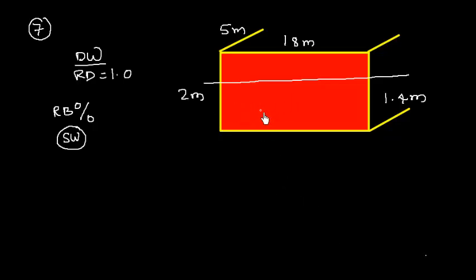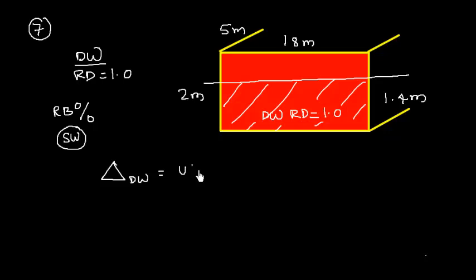So here the vessel is floating in dock water and the RD is taken as 1. This is the underwater volume. Let us find the displacement in dock water, which is underwater volume into relative density.